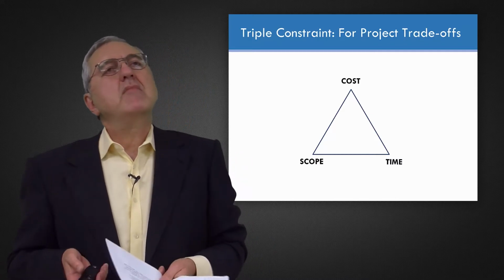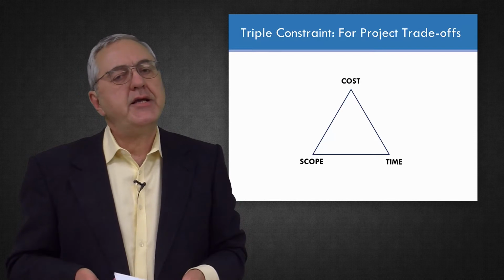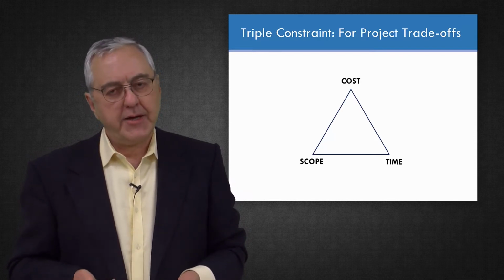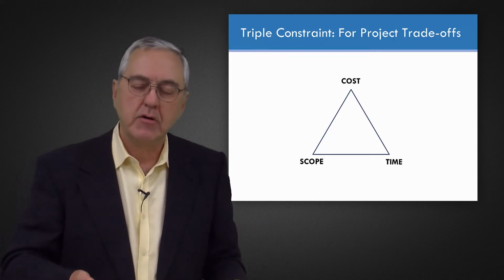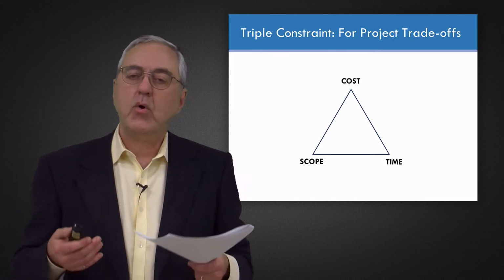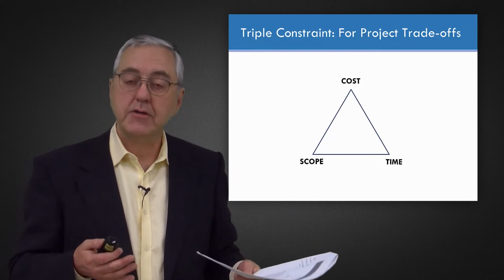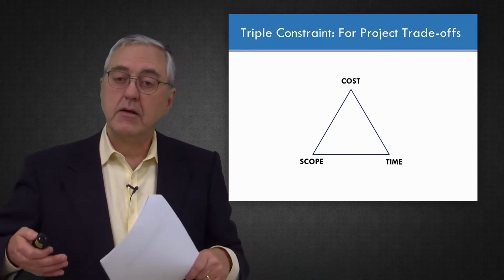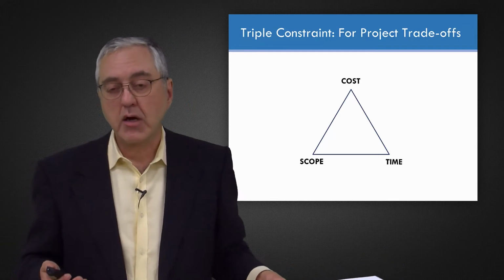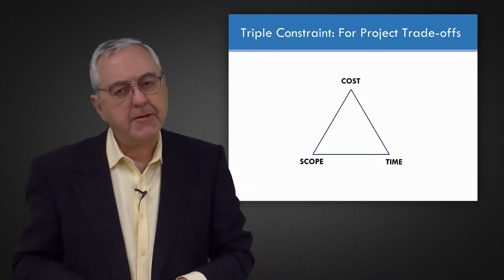One is that when we're initiating and planning a project, we have to reach a balance of what it is we're going to deliver, which is the scope, what it's going to cost in terms of dollars or possibly staff hours of work, and how long is it going to take.